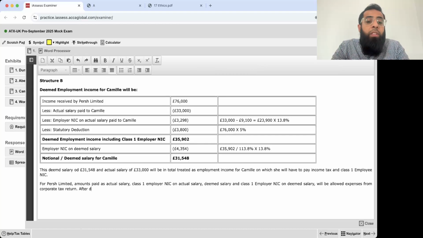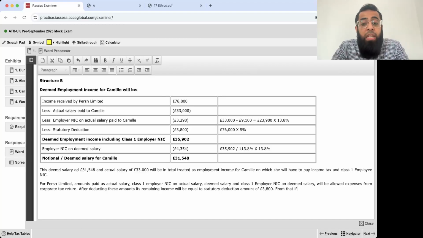Okay, after deducting these amounts, its remaining income will be equal to statutory deduction amount of 3,800.